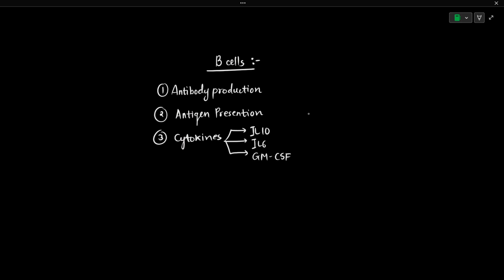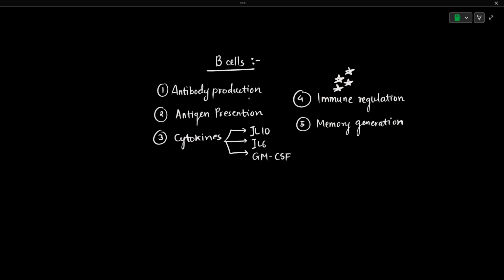Besides those jobs, the other jobs of the B cells are immune regulation. They also modulate the immune responses, and besides those, they also have a role in immunological memory generation. We will be discussing this particular part in the B cell lectures of adaptive immunity. When we start discussing adaptive immunity, we'll discuss those particular roles.